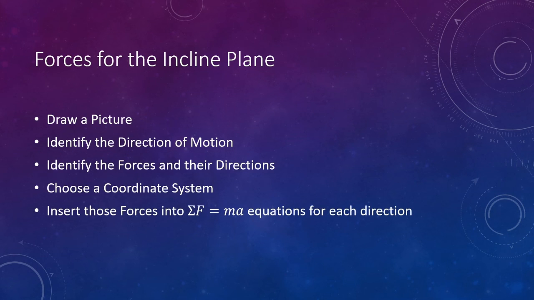And once you do that, you can insert your forces into F equals ma equations for each direction and solve the problem. Again, this will take some practice. You can always rely on the base definitions of your trig identities when trying to figure out how to separate gravity as well as any other force that's at an angle.